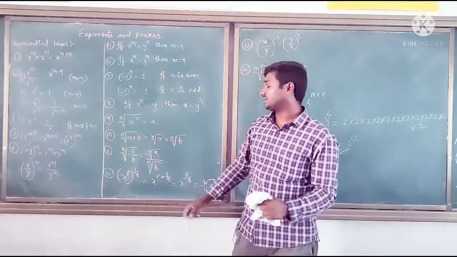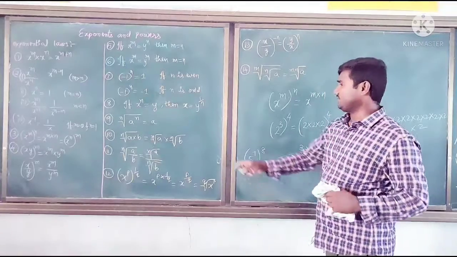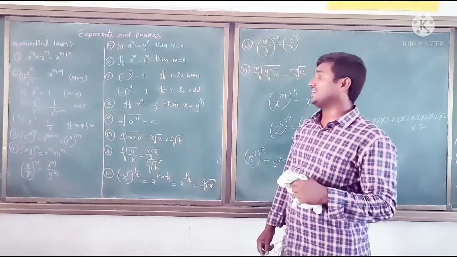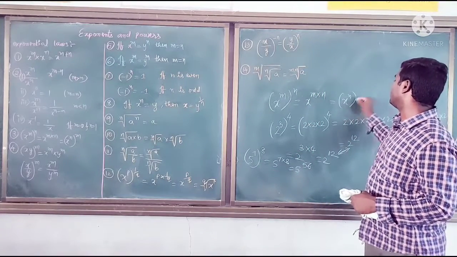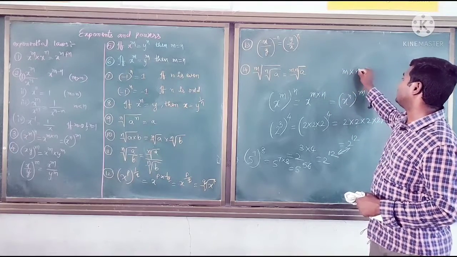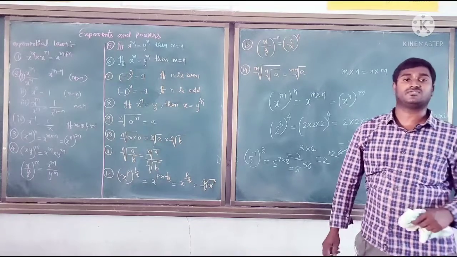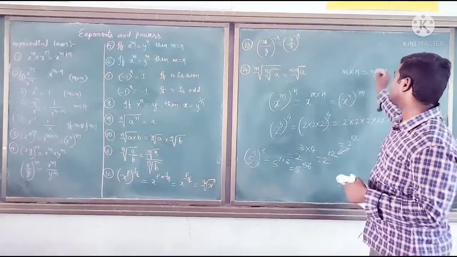And reversely we have that also, (x power m) whole power n equal to x power m into n equal to x power n into m also. This we can write as (x power n) whole power m. So m into n, we know that the product m into n is equal to n into m, the commutative property of rational numbers. If you multiply reversely also, the product is the same.